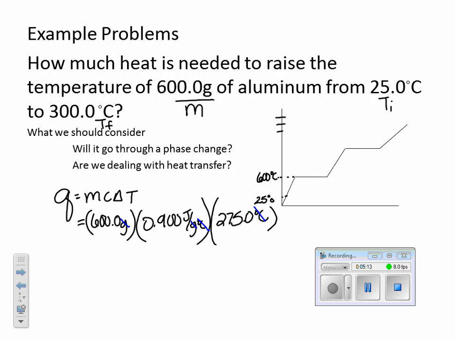And we end up with 3 significant digits, 149,000 joules of heat. If you're uncomfortable with that big number, why not just plunk it into kilojoules by moving the decimal 3 places to the left? So that would be 149 kilojoules.